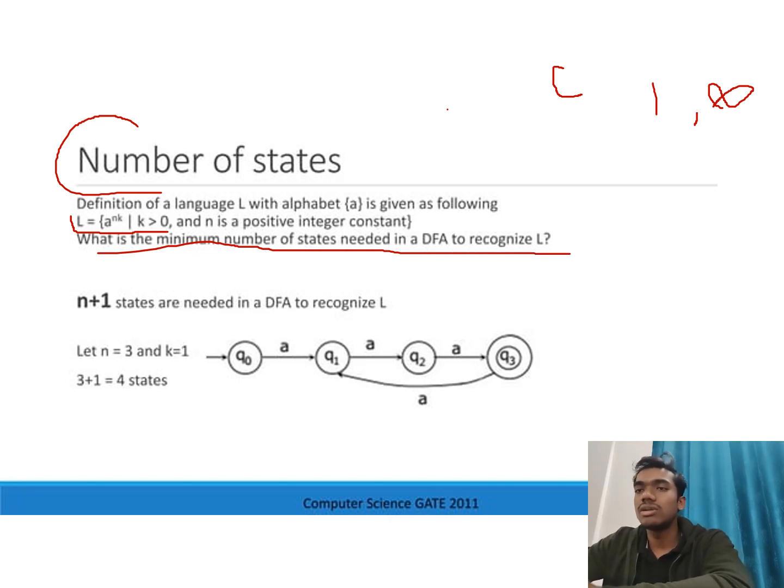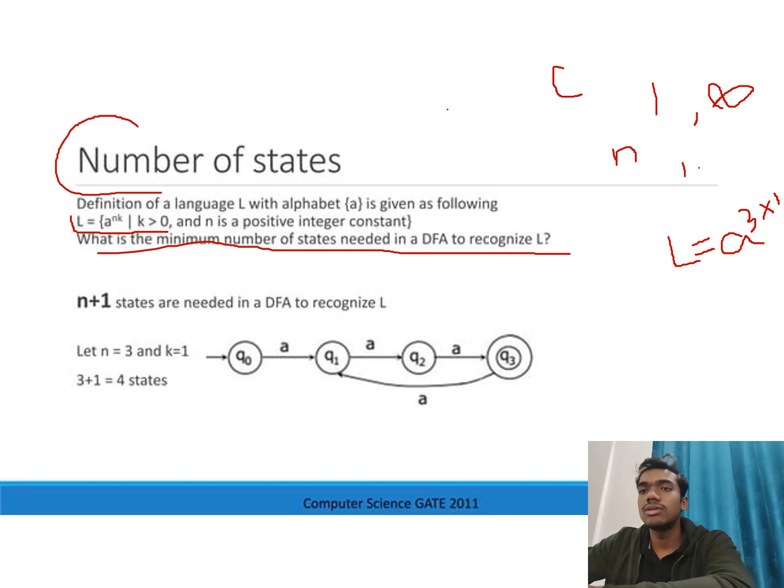This can be solved by taking an example. Let's take a particular value for n and k. Here in the example they have taken n equal to 3 and k equal to 1. So the language will be A to the power 3 into 1, that is A to the power 3, that is 3 A's.